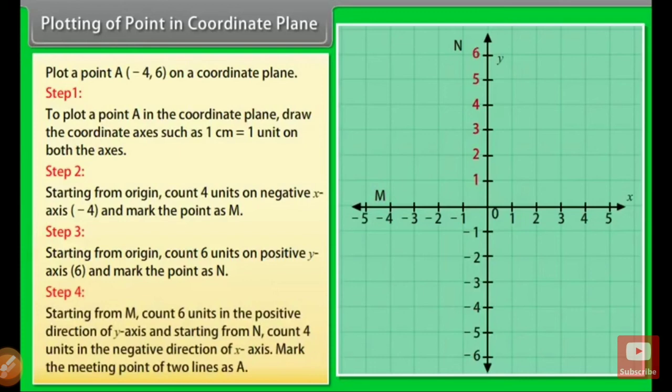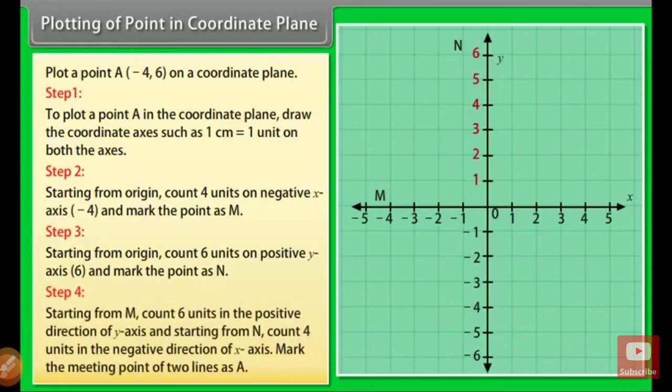Second, starting from the origin, count 4 units on the negative x-axis, because the abscissa is -4, so you have to mark -4 on the x-axis. Consider this as point M. Next is 6. We need to count 6 units on the positive y-axis. We will give the name of this point N.